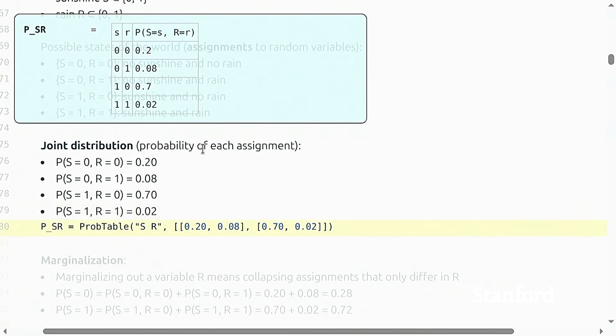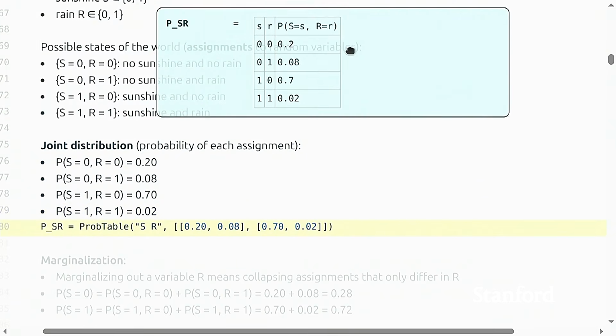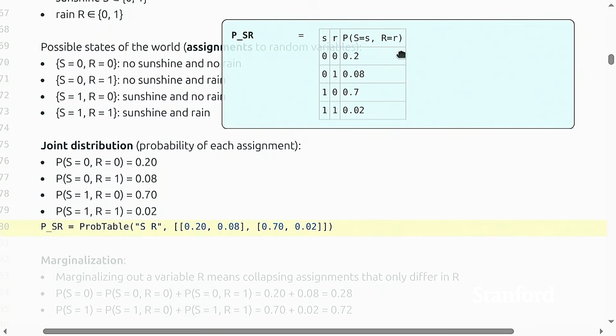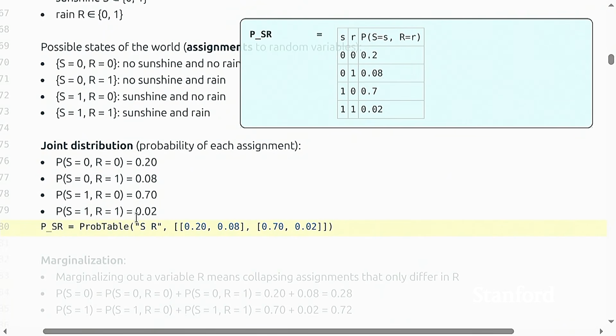Now I'm going to represent this in code. I have this class called prob table, and it's basically a wrapper around a NumPy array.